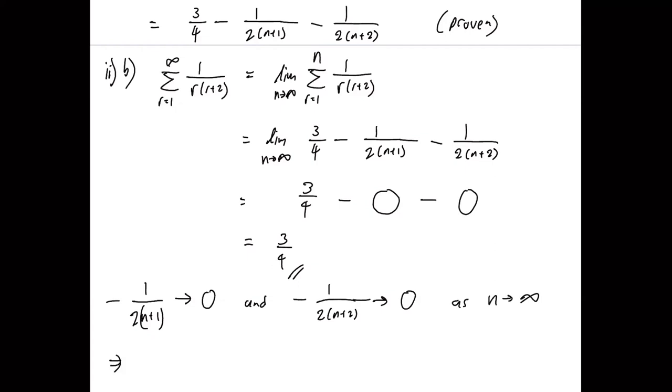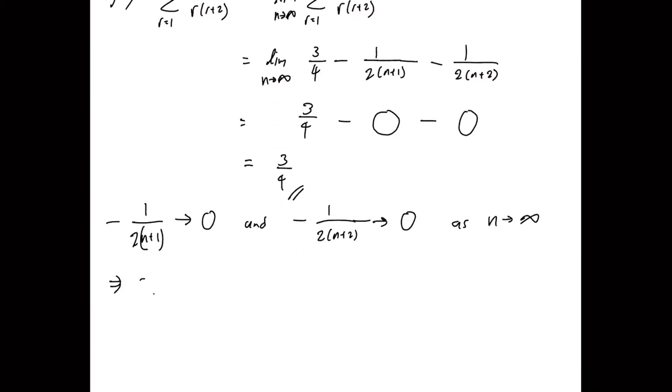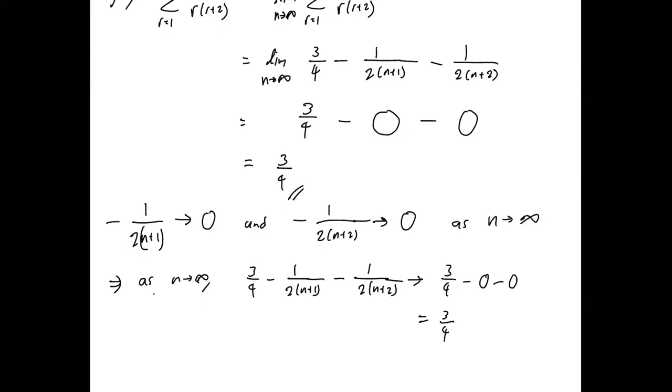Then this means that as n approaches infinity, the 3/4 minus 1 over 2 bracket n plus 1 minus 1 over 2 bracket n plus 2 approaches 3/4 minus 0 minus 0, which is equals to 3/4.